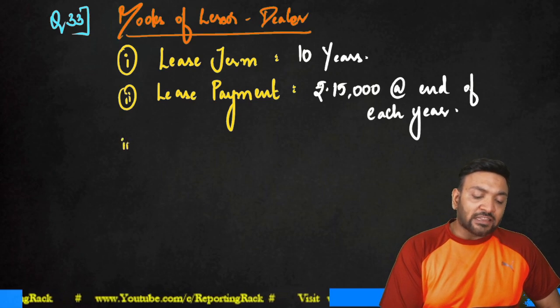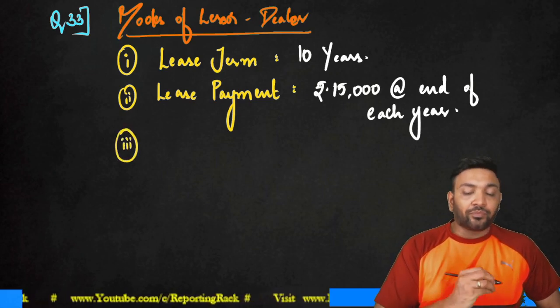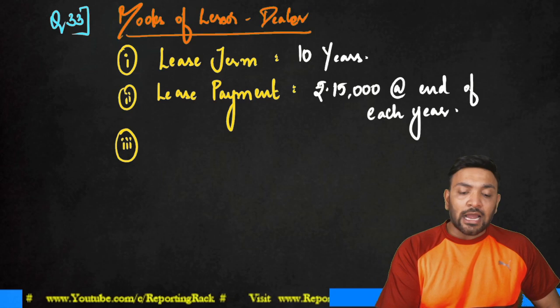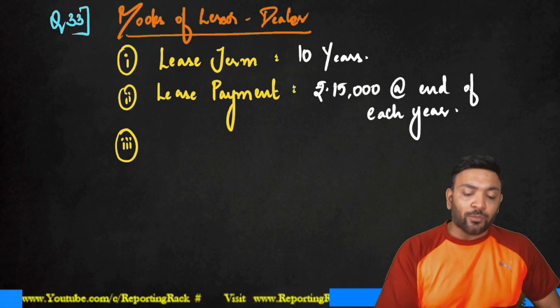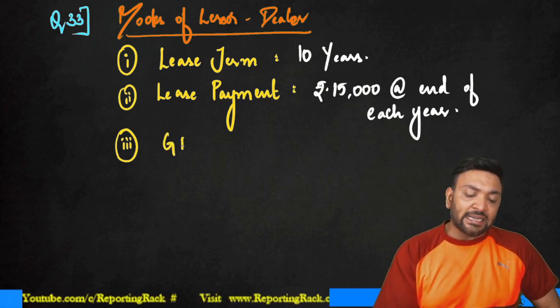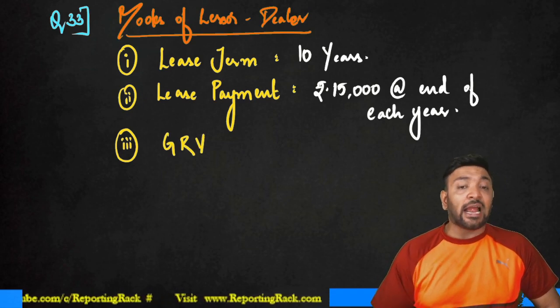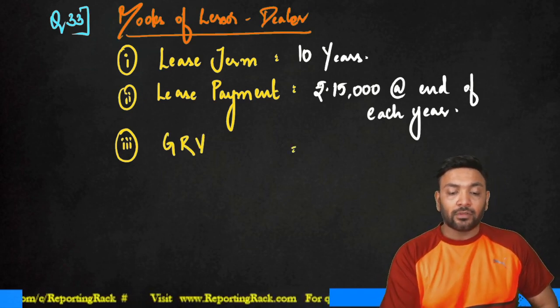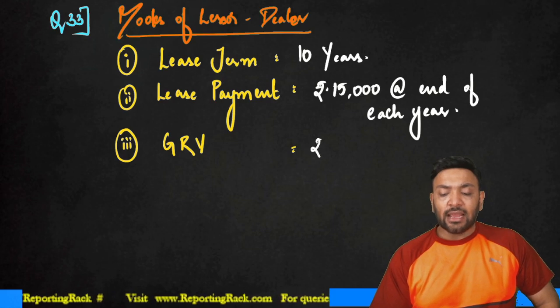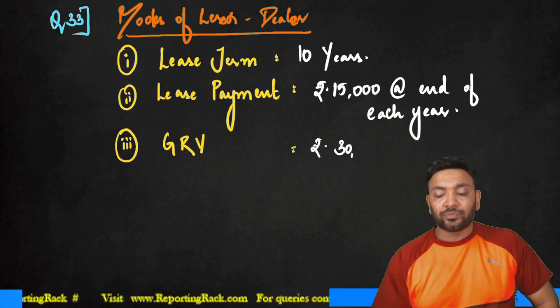Apart from this, part 3. I have a residual value which is guaranteed, GRV, at the end of year 10, given to the extent of 30,000.